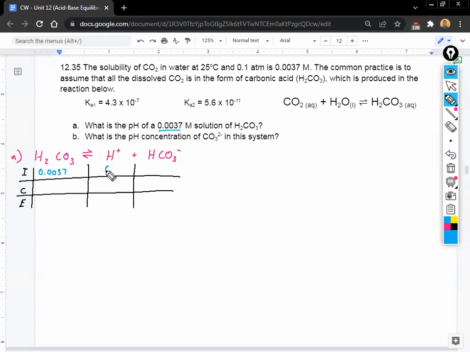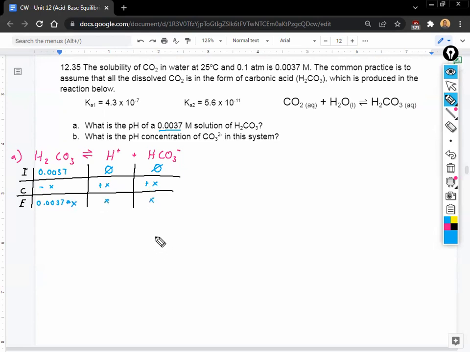Same thing as normal. We know that there is no H plus and no conjugate base in the beginning. Same as usual, we're going to increase and then decrease with the same values. So we're going to get 0.0037 minus X, sorry, not plus. I just reversed this. Okay, and then we got X and X.